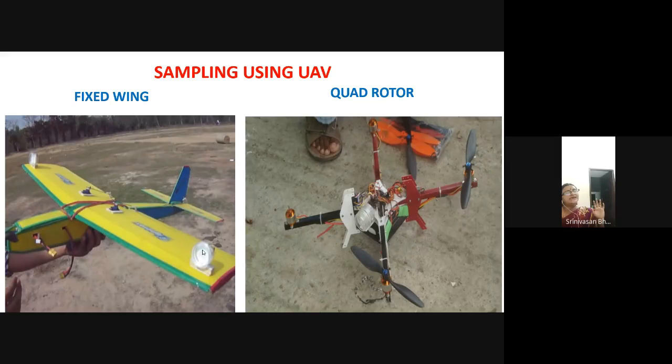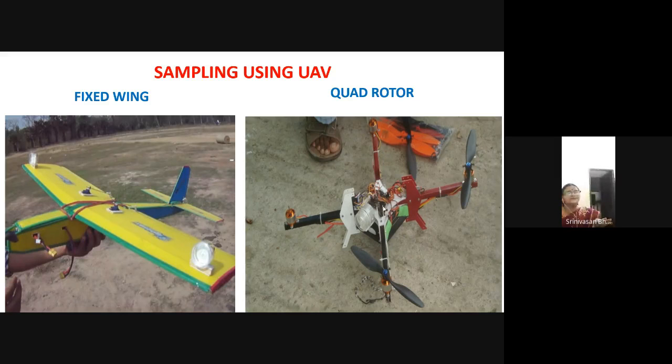You can see in both the wings, the sampler is fixed, and the aeroplane takes off, goes through the area, collects the sample within 1 minute, and lands. So this is called the fixed wing method. It cannot sample the area for a longer duration.